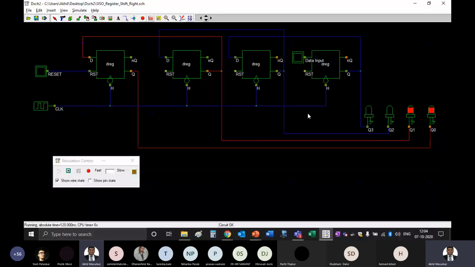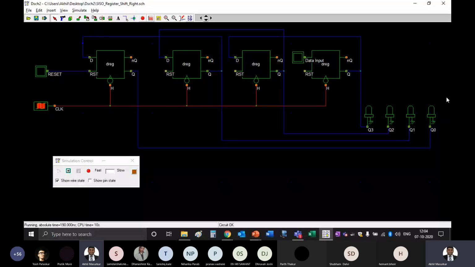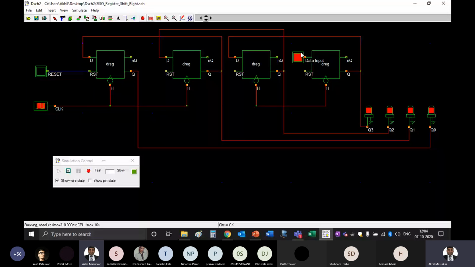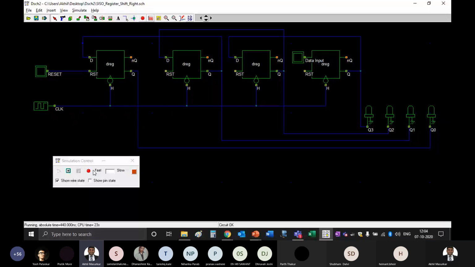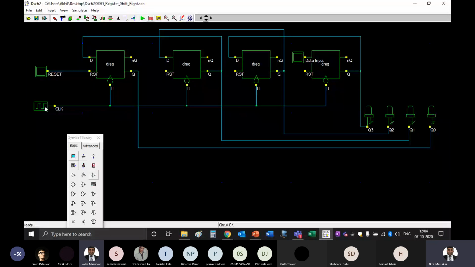You can see now the bits are going towards the right. I'll reduce the frequency of the clock.